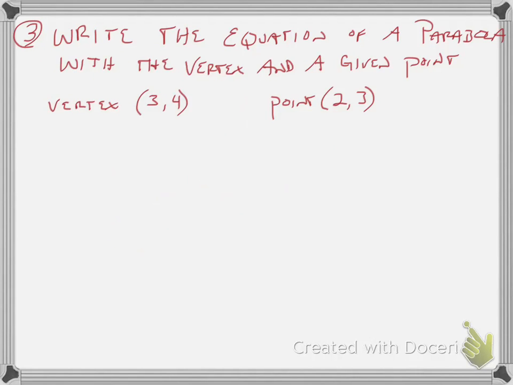Okay, so here I'm going to write the equation of a parabola with the vertex given and the point that's given. Okay, I'm going to use the vertex form. And I know the vertex, so what I'm going to do is plug in the vertex.